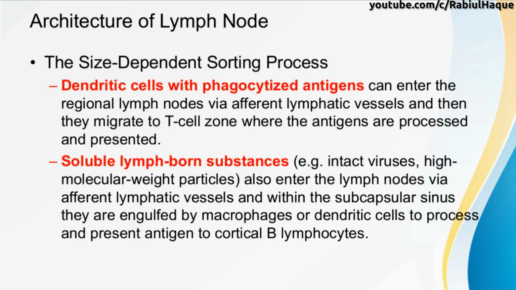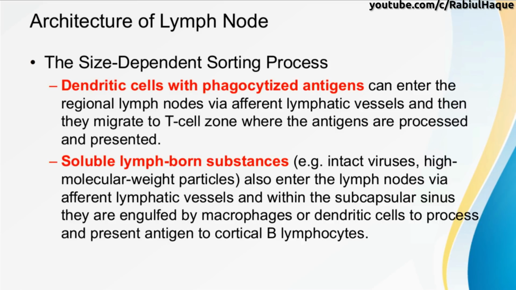So when dendritic cells with phagocytized antigens are coming to the lymph node, they can enter the regional lymph nodes via afferent lymphatic vessels. These dendritic cells were present in some peripheral tissues, and there they had encountered certain antigens and phagocytized them, and now they want to show those antigens to the T cells in the lymph node.